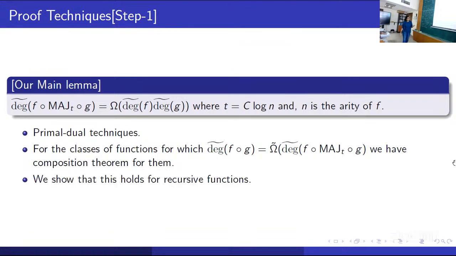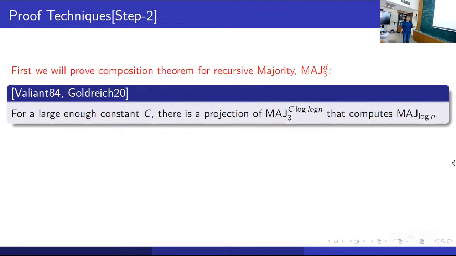We show that this holds for recursive functions. The technique is again very simple: there is a classical result by Valiant, later proved again, that majority is a sub-function of recursive majority.